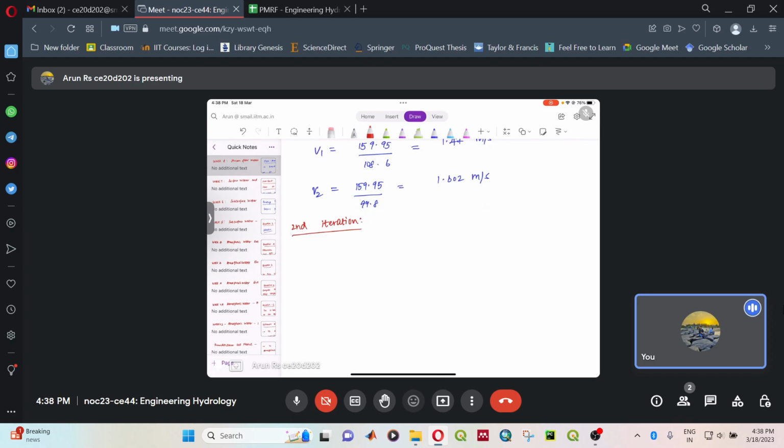We'll stop the iteration when the velocity does not vary much with respect to the previous iteration. Similarly, in the second iteration, KE can be taken as 0.1.